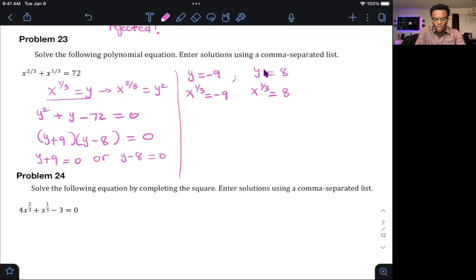Now, if we want to solve for x, we want to raise both sides of these equations to the power 3, so that we'll cancel the fraction 1/3 and get x by itself. But if we do it on the x side, we must do it on the -9 side. Same thing for the second equation.